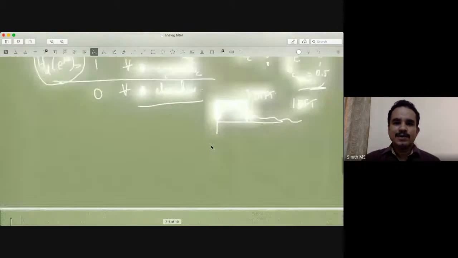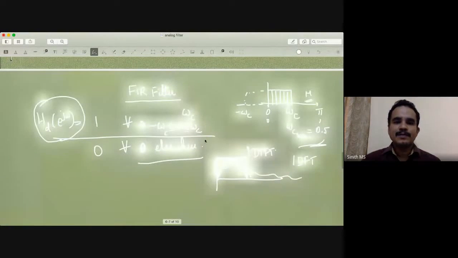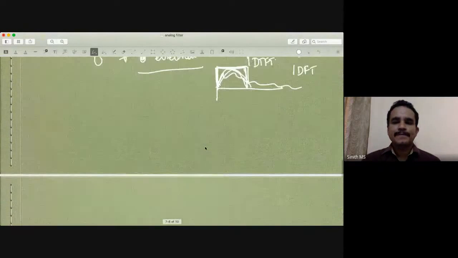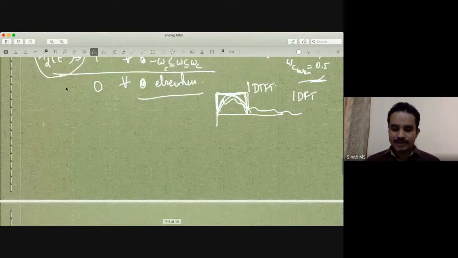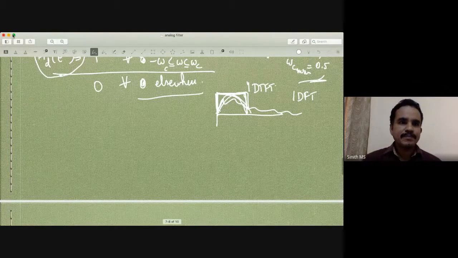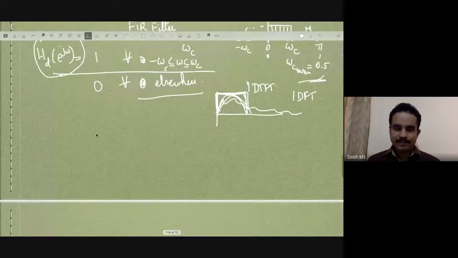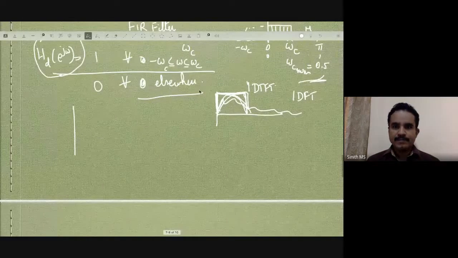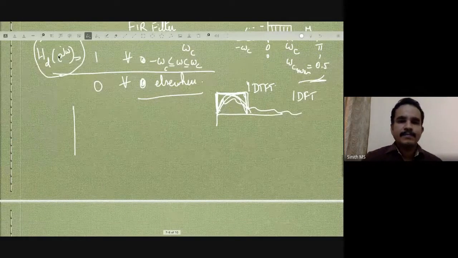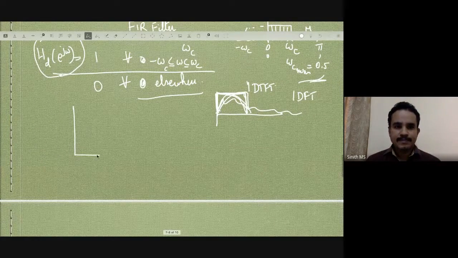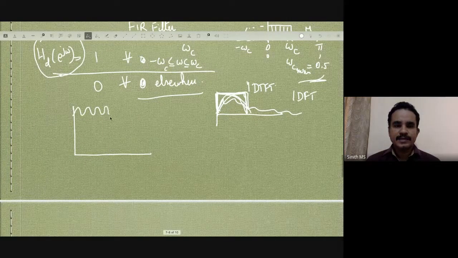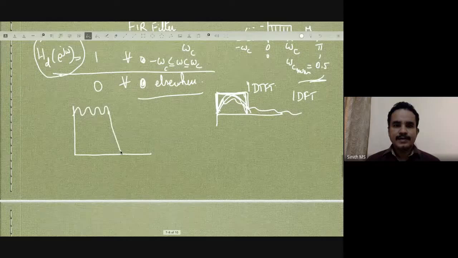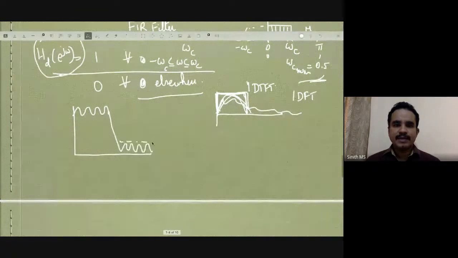Okay, so suppose that you have a filter to be designed. You have some ripples in the pass band as well as in the stop band.